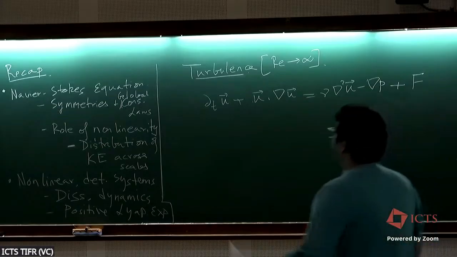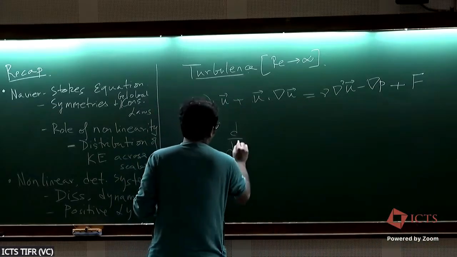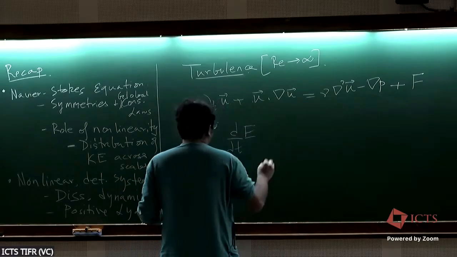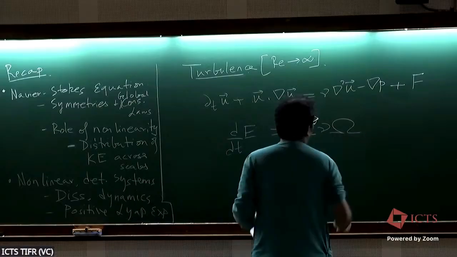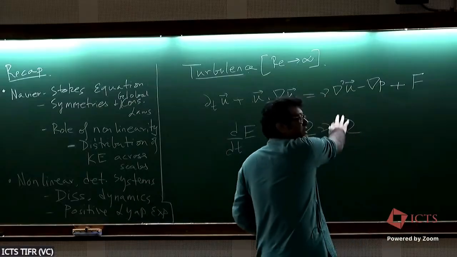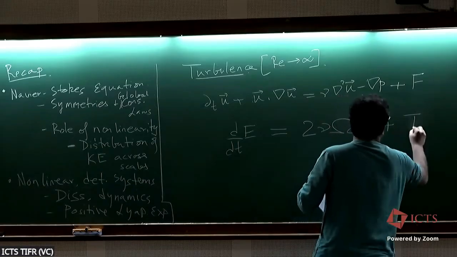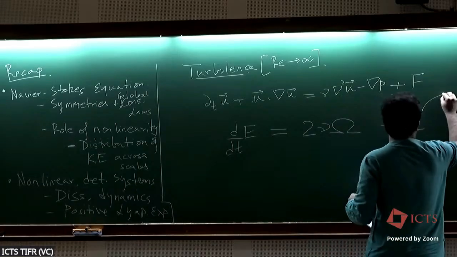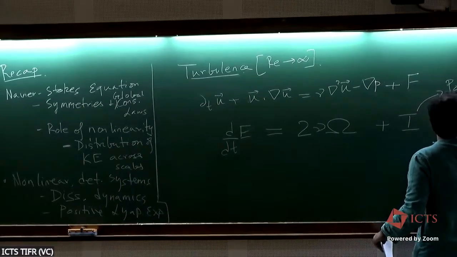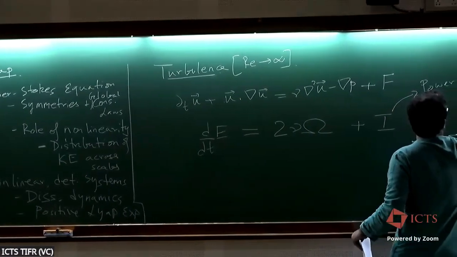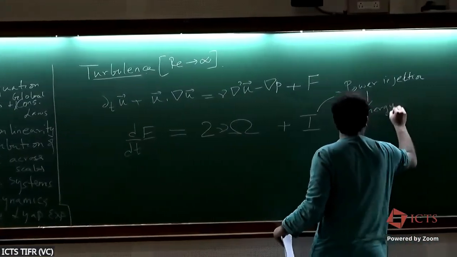And what we saw from the global conservation laws in the last class was that the rate of change of kinetic energy was given by this factor, which is essentially something like the curl of U whole squared. And if I have this additional term, which supplies me additional energy.